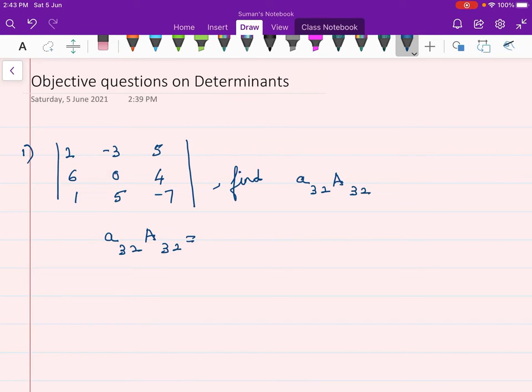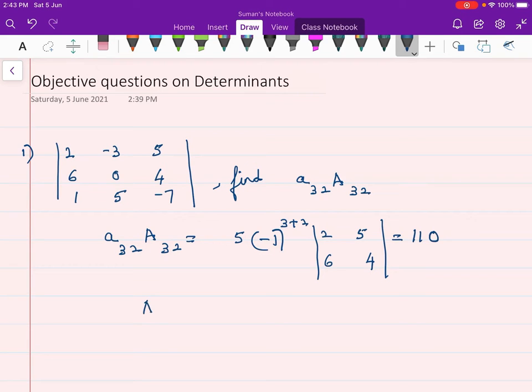Third row, second column is 5, and capital A32 is minus 1 raised to 3 plus 2 into the determinant obtained by deleting the third row and second column. So I get 2, 5 and 6, 4. So this will give you the answer as 110.